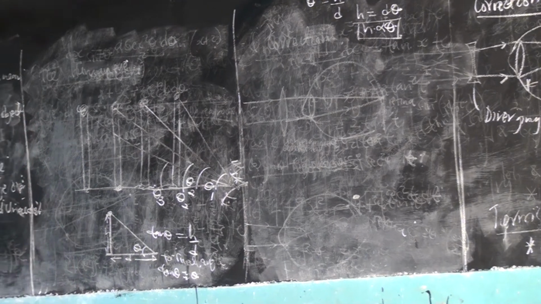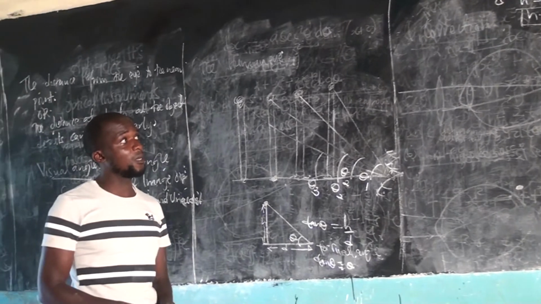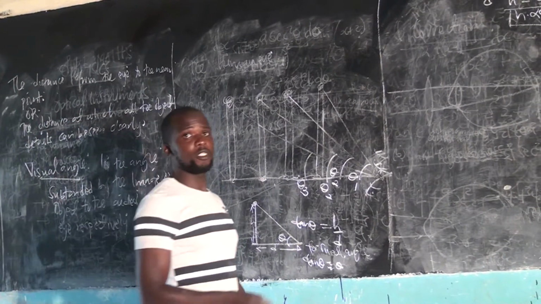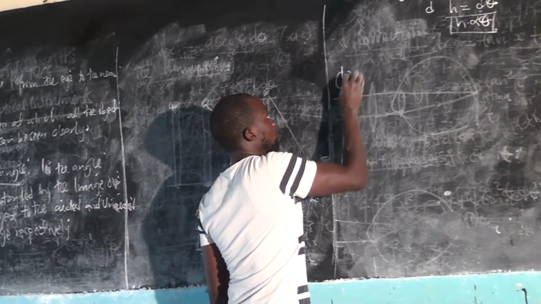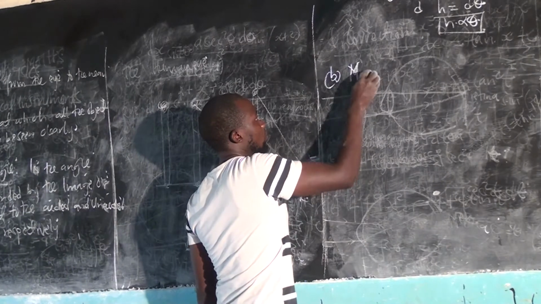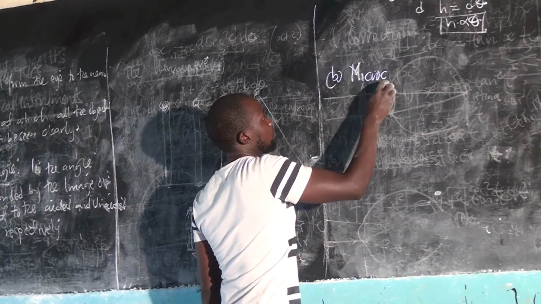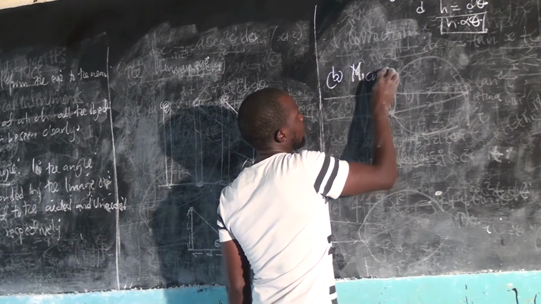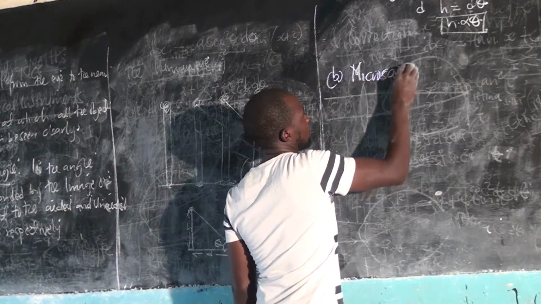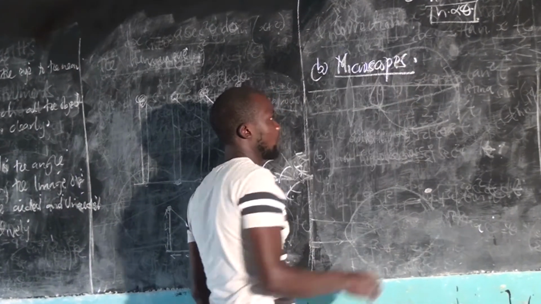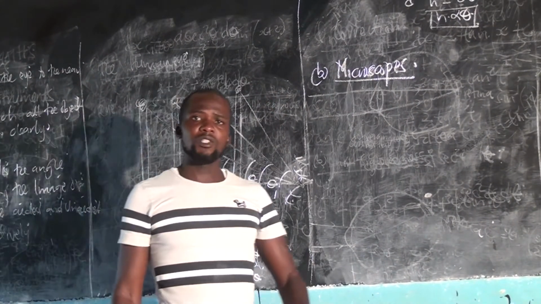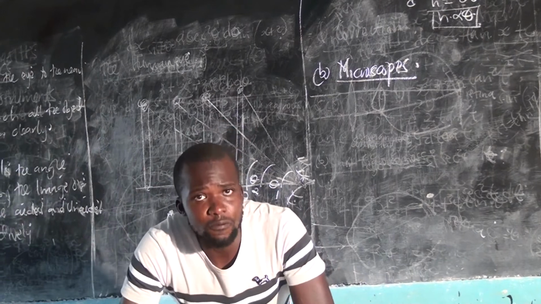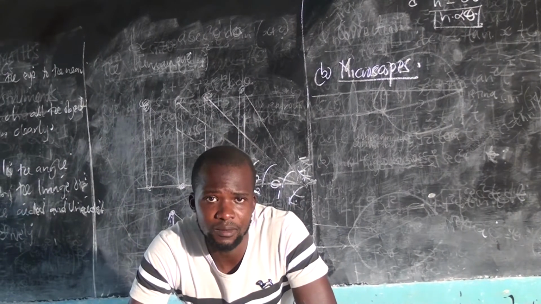That would be the human eye being discussed now. That pushes us to microscopes as the second optical instrument. A microscope is an instrument designed to view nearby objects.